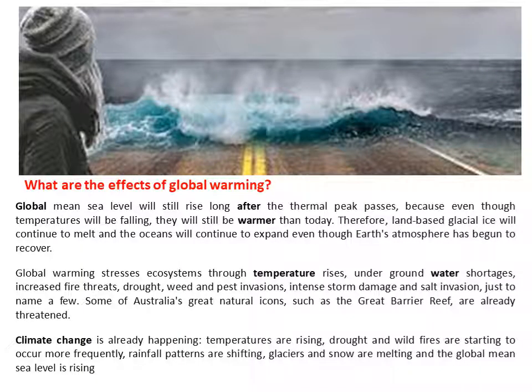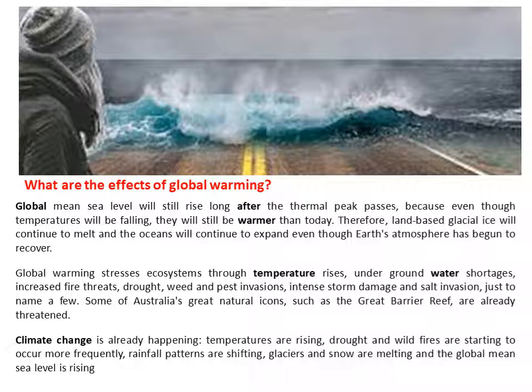Now, what are the effects of global warming? Global mean sea level will still rise long after the thermal peak passes, because even though temperatures will be falling, they will still be warmer than today.